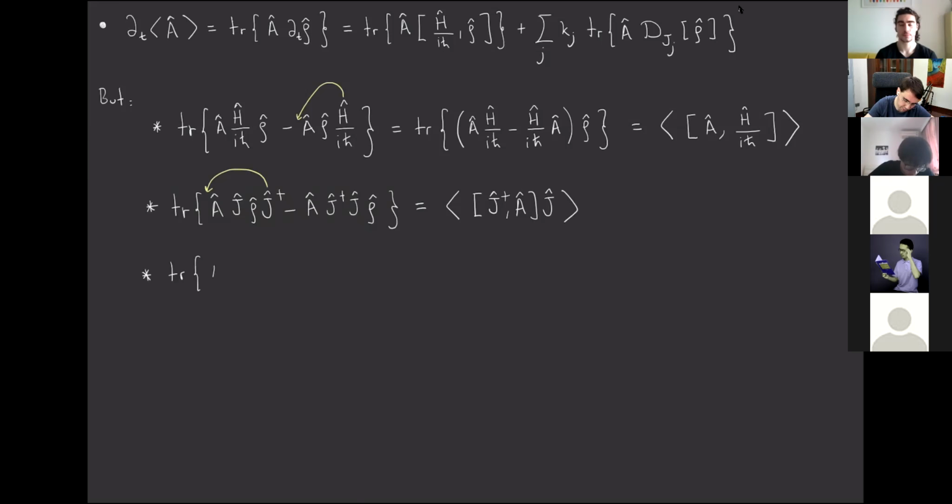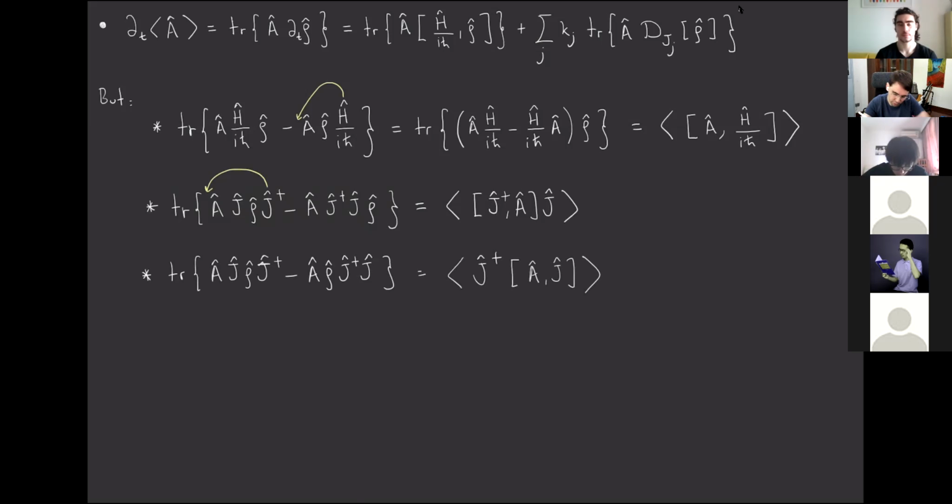The other piece of the dissipator, the first part is the same, A J rho J dagger. But now in the other part, instead of J dagger J rho, you have rho J dagger J. And this you can write as J dagger times the commutator of A with J, okay?